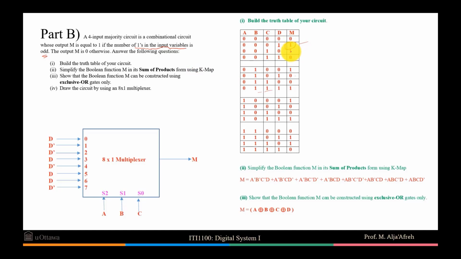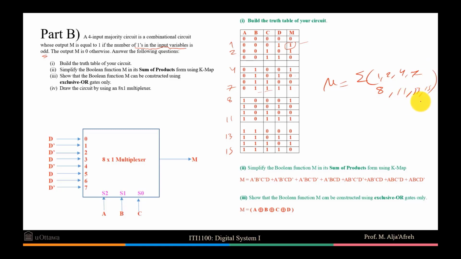M is equal to 1 at 1, 2, 4, 7, 8, 11, 13, and 15.